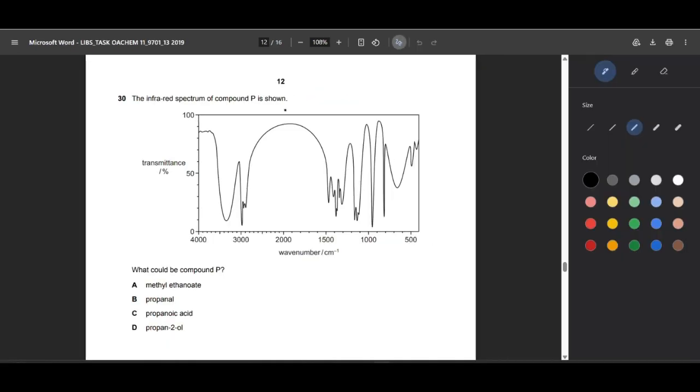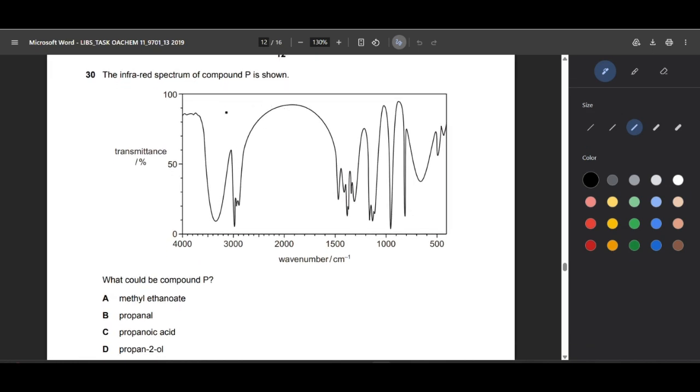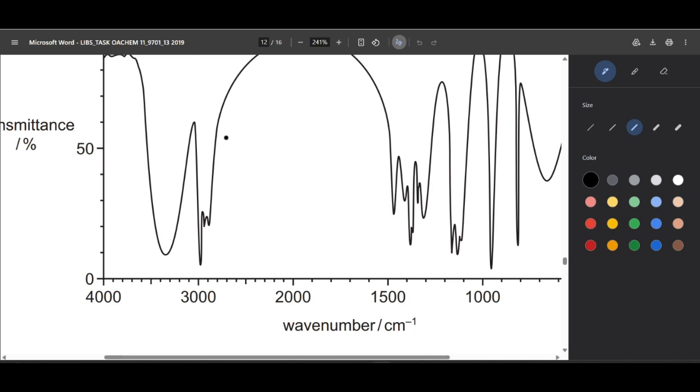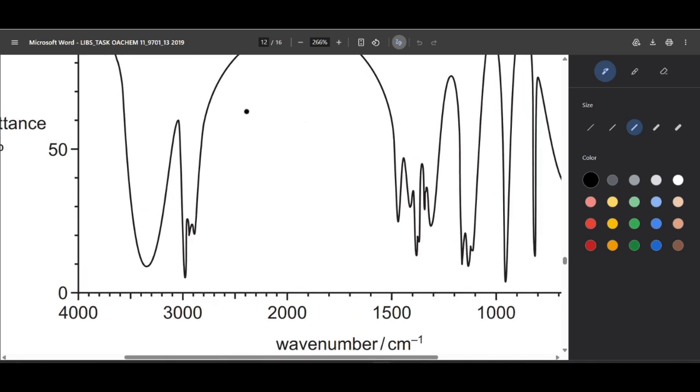Question number 37. The infrared spectrum of compound P is shown. This is the spectrum and it shows this big hill in here, from here to here.